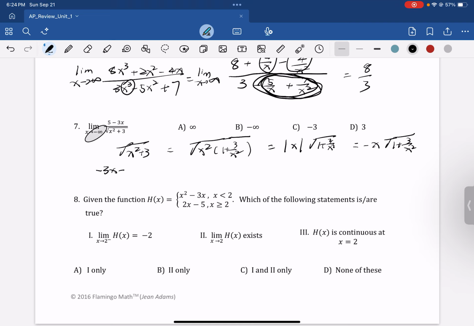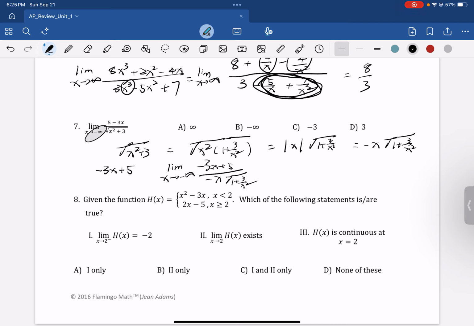So next, we combine them together. Limit as x approaches negative infinity of negative 3x plus 5 over negative x times the square root of 1 plus 3 over x squared.